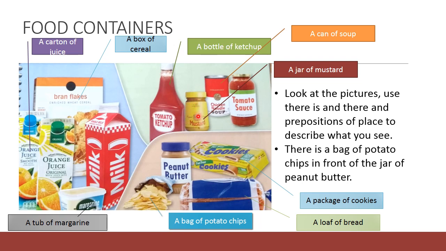There is a can of soup next to the tomato sauce jar. There is a package of cookies next to the peanut butter. There is a loaf of bread in front of the peanut butter. And there is a tub of margarine in front of the carton of milk.